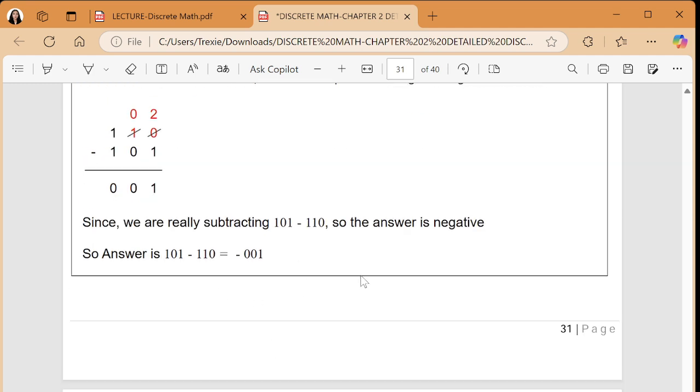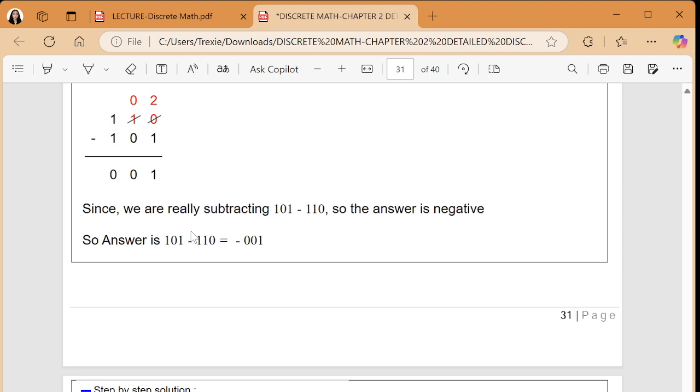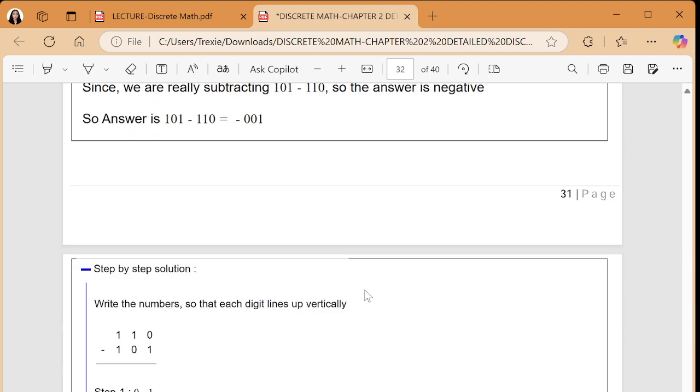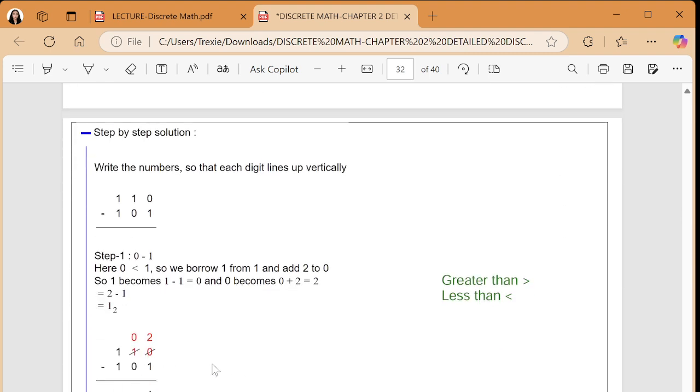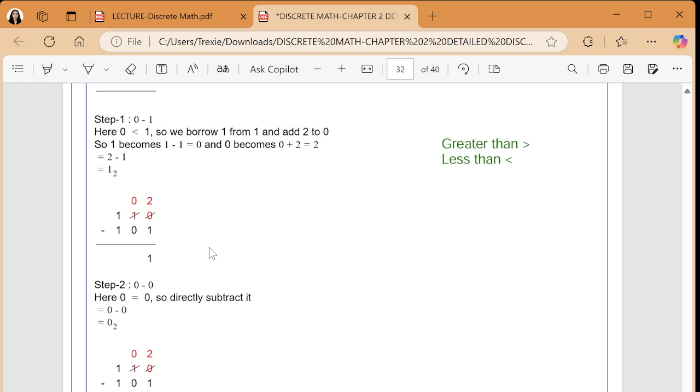So it's negative. To make it positive, this is the step. First, since 0 is less than 1, we need to borrow 1. We need to borrow 1 from 1, then let's add 2 to the 0.